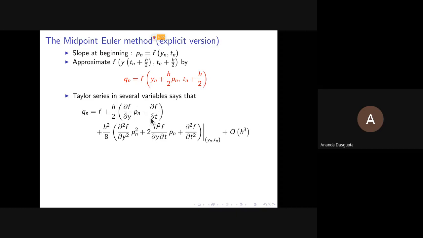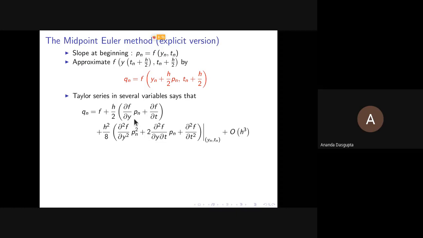So all we are doing is using Taylor series in 2 variables. Instead of having one derivative term times delta x, you have 2 derivative terms: del f del y times delta y plus del f del t times delta t. Delta t is h by 2 and delta y is of course h by 2 pn. And then we have the higher order derivatives.